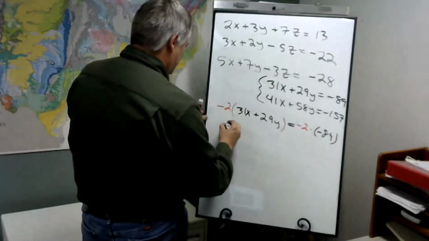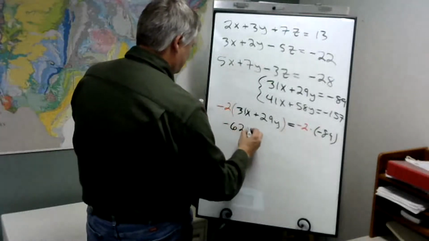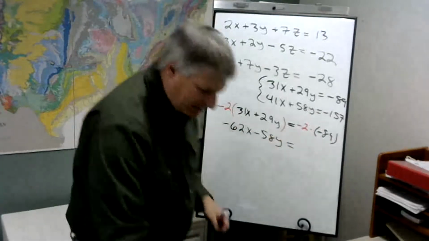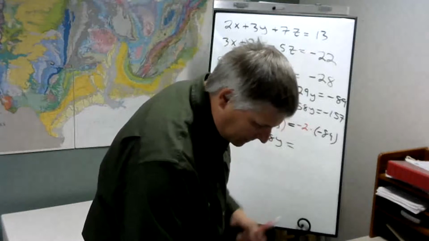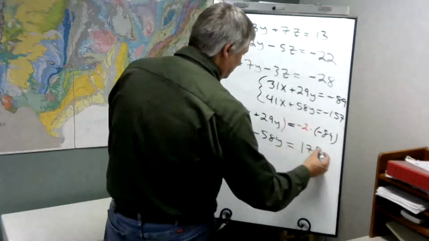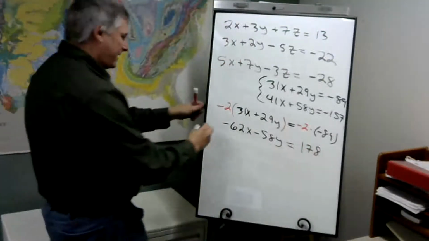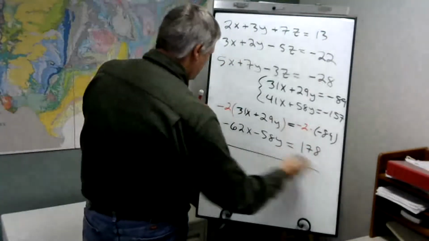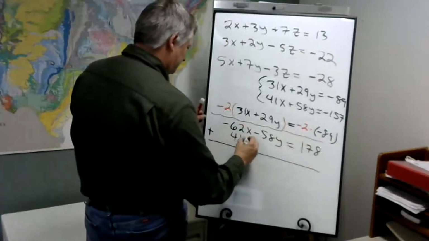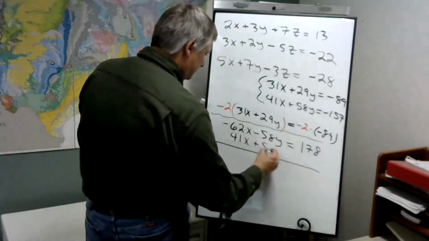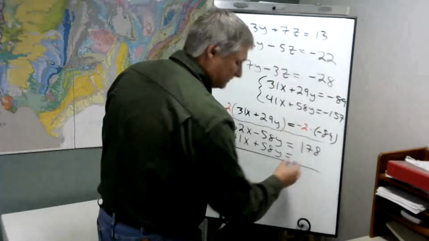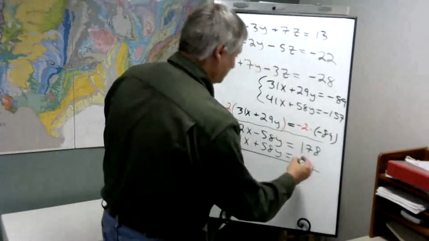Multiplying through, we get -62x minus 58y equals, because negatives cancel, 178. And then we're going to add this to 41x plus 58y equals, oh, I'm sorry, minus 157.